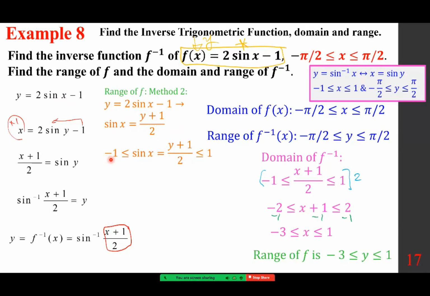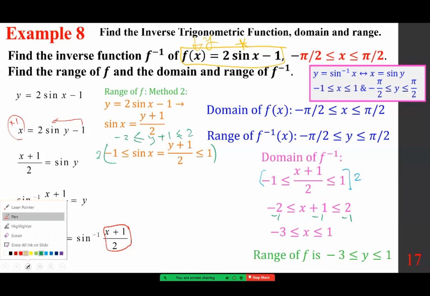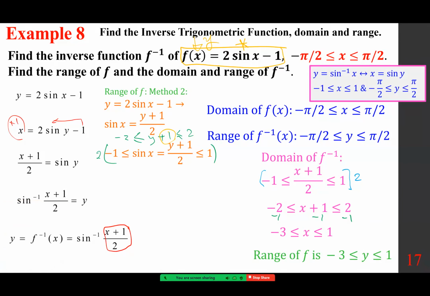If you multiply by 2, you get -2 less than or equal to y plus 1 less than or equal to 2. And now positive 1, subtract from both sides.